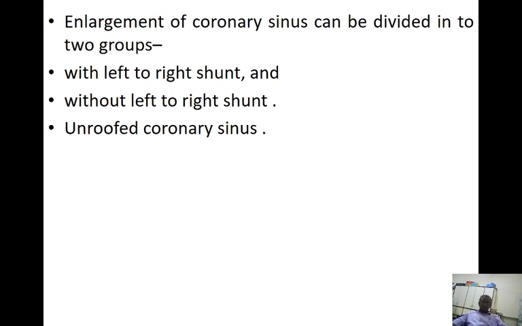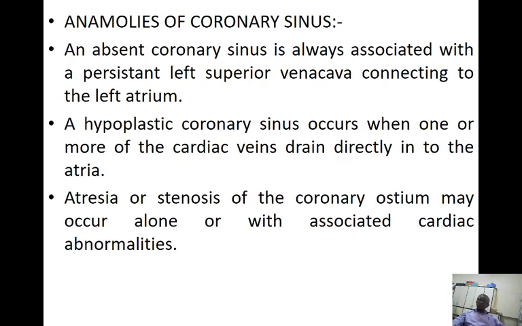Unroofed coronary sinus. Sometimes the coronary sinus may be without a roof. So these are a few anomalies of the coronary sinus that accompany other abnormalities of the heart, like the persistent left superior vena cava, wherein the coronary sinus itself is absent, and hypoplastic coronary sinus, wherein the cardiac veins which usually drain into the coronary sinus drain directly into the atria, and atresia or stenosis of the coronary ostium, which is associated with other cardiac abnormalities.